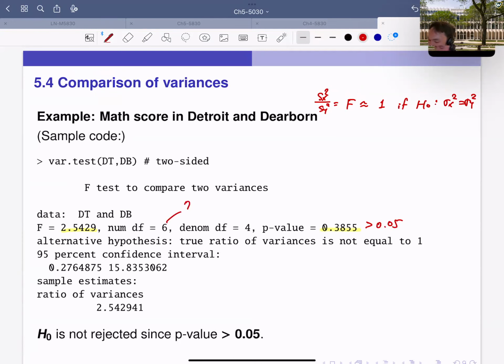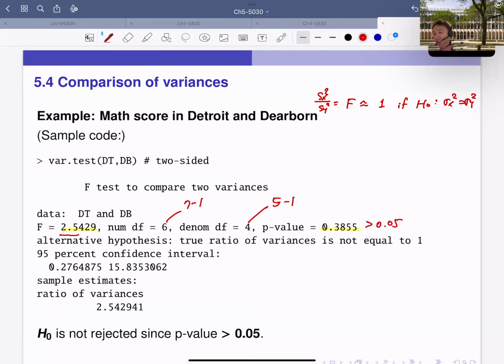This is the sample size minus 1 for the numerator, and this is the sample size minus 1 for the denominator. We have 7 schools in Detroit, 5 schools in Dearborn. Intuitively, the difference of 2.54 times is a little large number and significantly different from 1. But usually it's hard to reject the null hypothesis in this case, because this is the variance, a squared quantity.